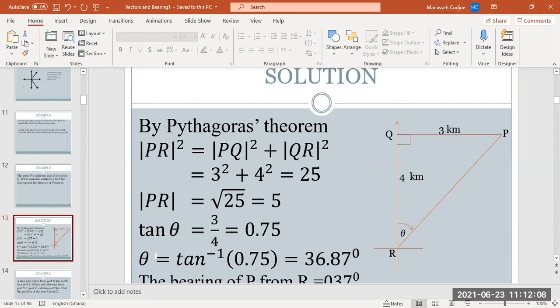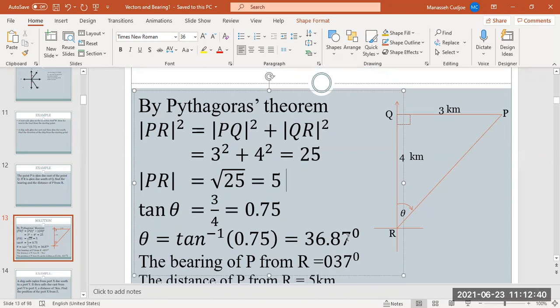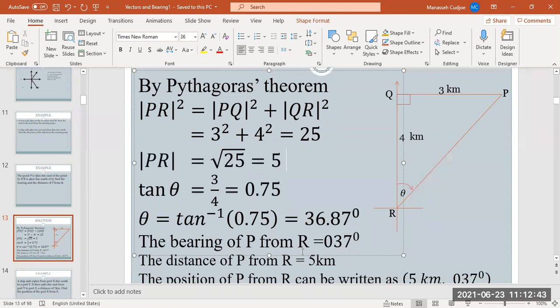To find the angle, I'll find the tan inverse, and that should give me 36.87 degrees. Now remember, bearing should be 3 digits, so I have to approximate this to 2 digits, so that should be 37 degrees. Then I have to make sure I bring my preceding zero so that I can have the correct bearing angle. So that's our bearing.